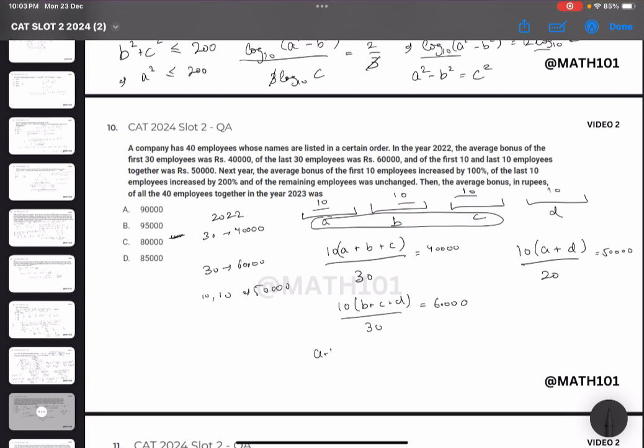So A plus B plus C equals to 120,000. B plus C plus D is equals to 180,000. A plus D equals to 100,000.